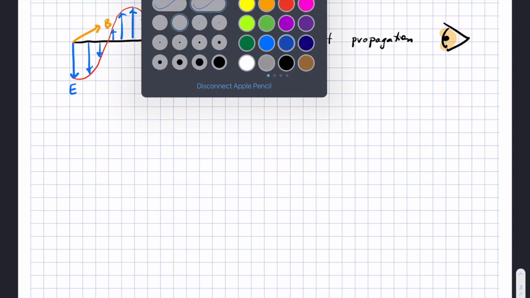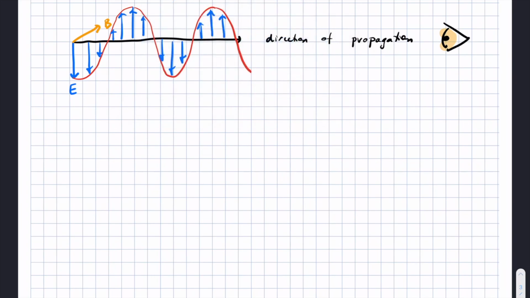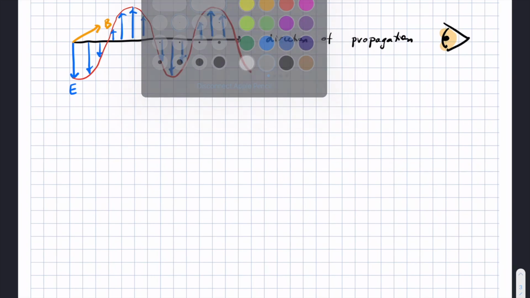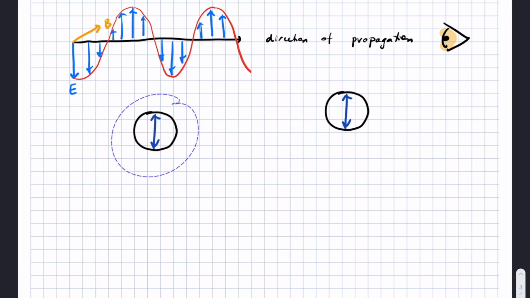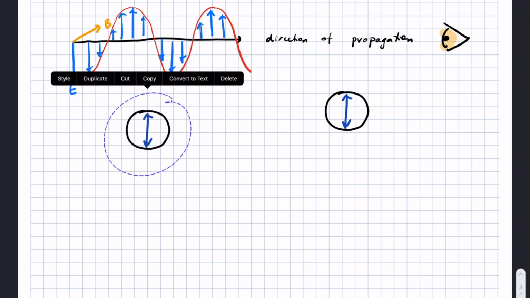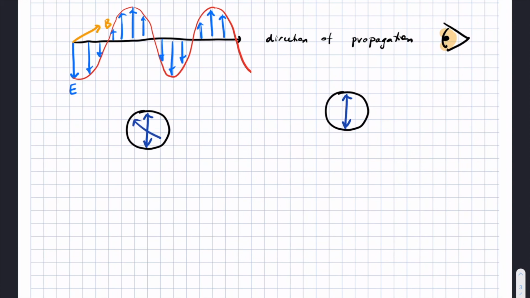This is like a Newman projection where the circle just represents that axis of propagation. And over time we would see oscillation of the electric field up and down, right? Only in non-polarized light, if you superimpose many photons on each other, you're going to have oscillations in all possible directions.